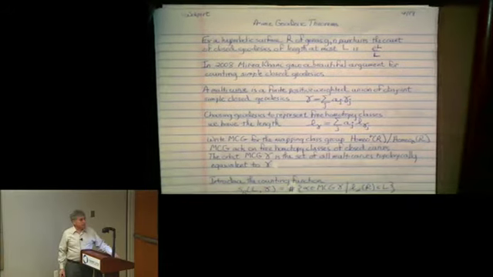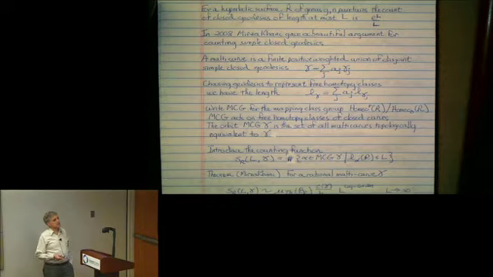So we introduce the mapping class group. So if we have a Riemann surface R, then the mapping class group is the quotient of orientation preserving homeomorphisms modulo those homotopic to the identity. And part of her approach involves thinking about what's going on with the collection of all multi-curves.